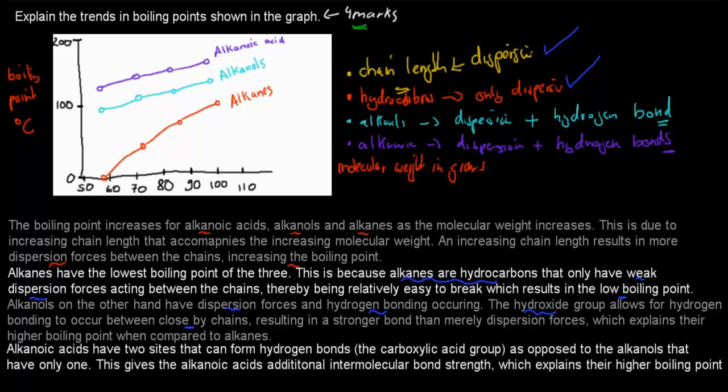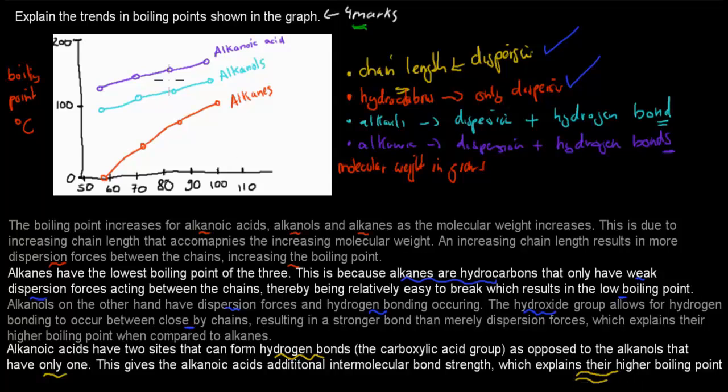Now for the last one, I talked about the alkanoic acids. Alkanoic acids have two sites that can form hydrogen bonds, that's the carboxylic acid group, as opposed to alkanols that have only one. So we've got two for the alkanoic acids and only one for the alkanols. This gives the alkanoic acid additional intermolecular bond strength, which explains the higher boiling point.